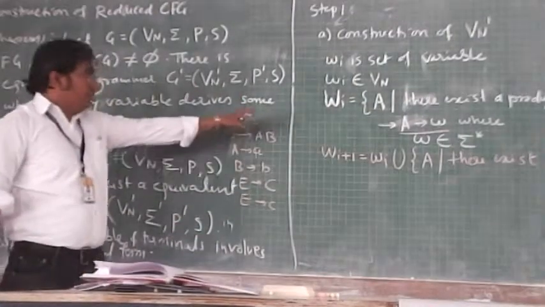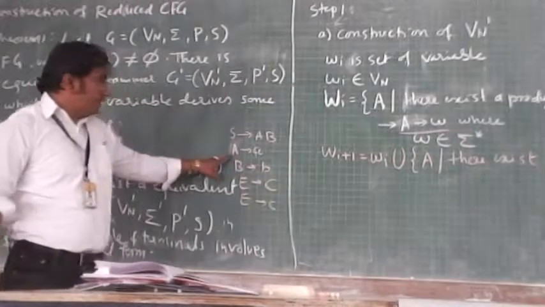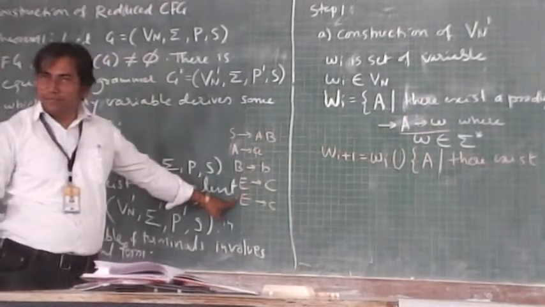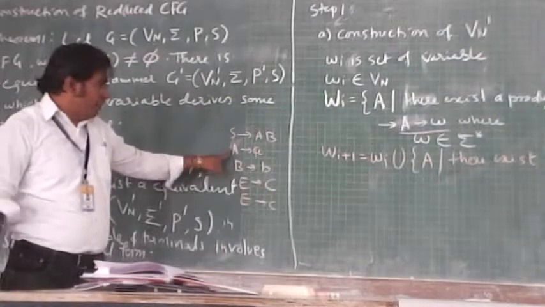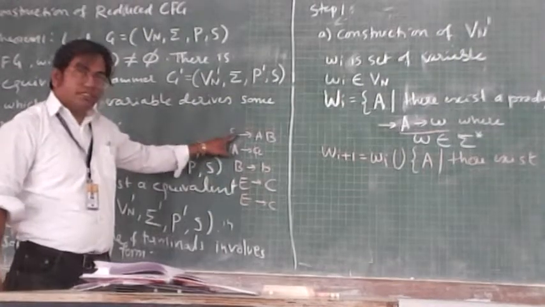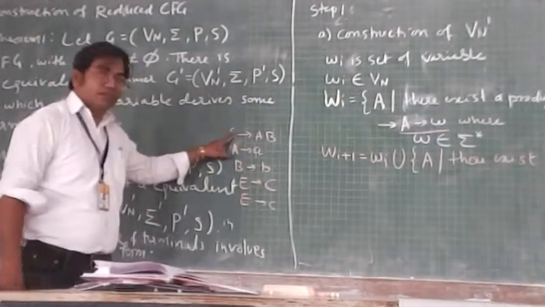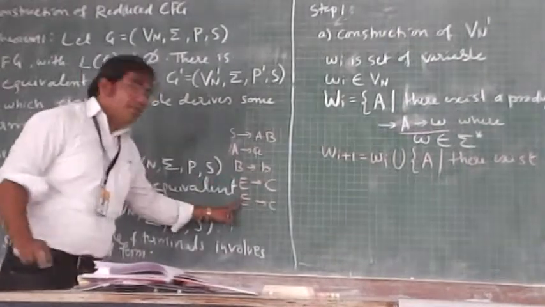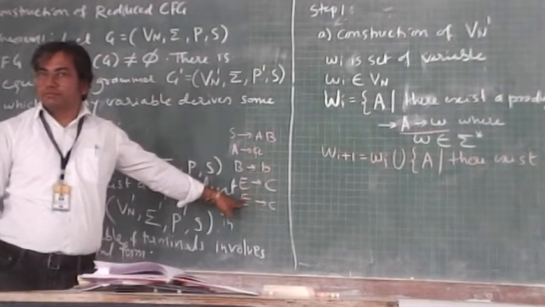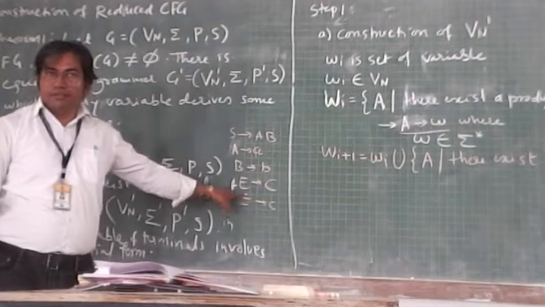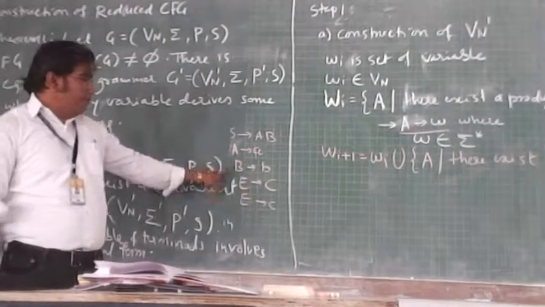See, in the first Wi I collected what variables? A, B and E. Further I am looking for such productions in which these variables are involved. In the first step, what did I collect? A, B and E.